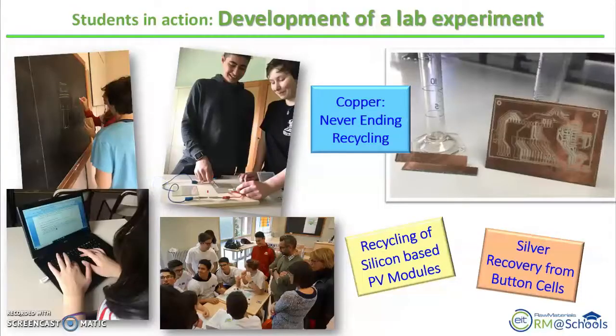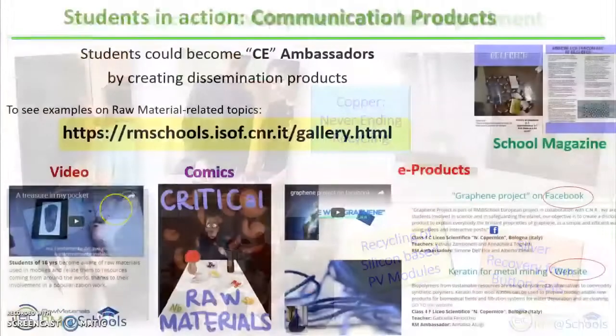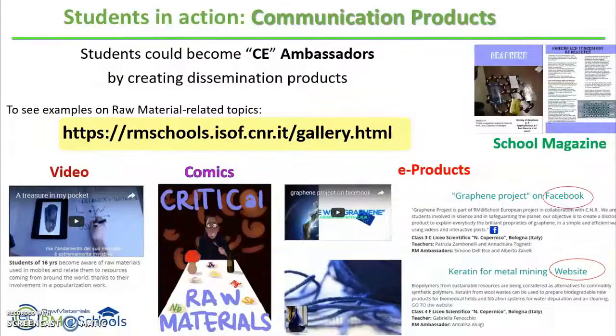For example, they can develop their own science project and set up an experiment that can be used by peers or by younger students. They can create communication products, for example school journals, comics, electronic products such as Facebook pages, videos, and websites.